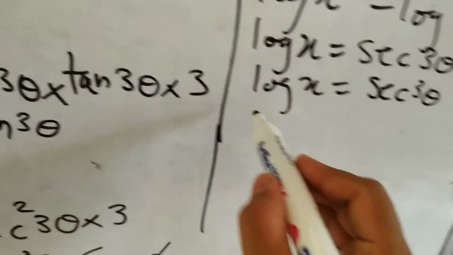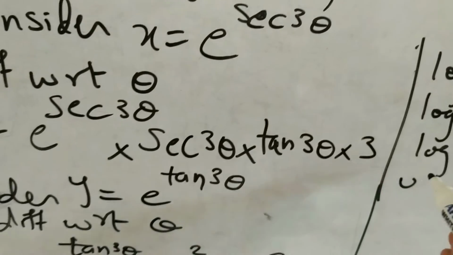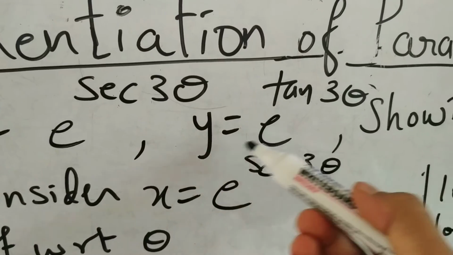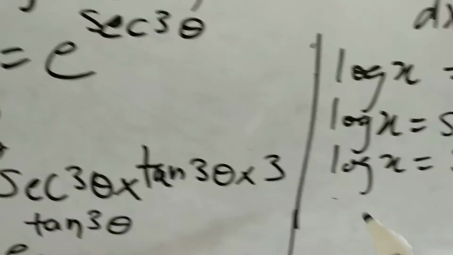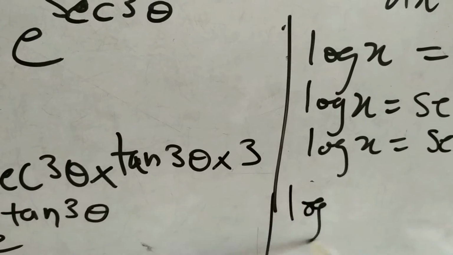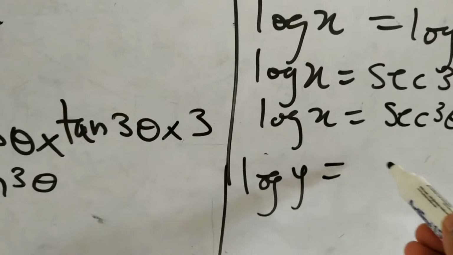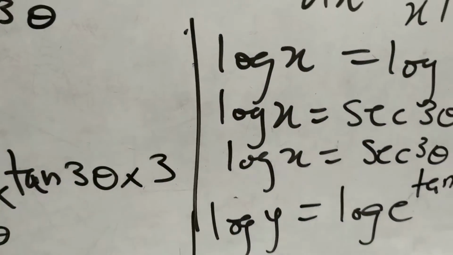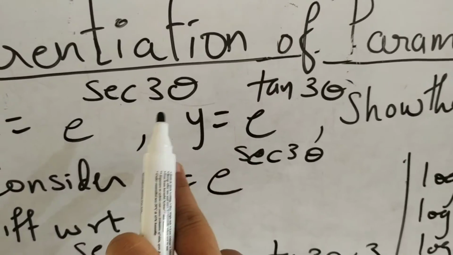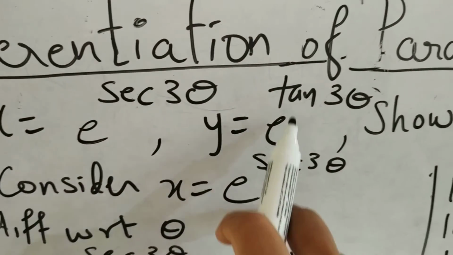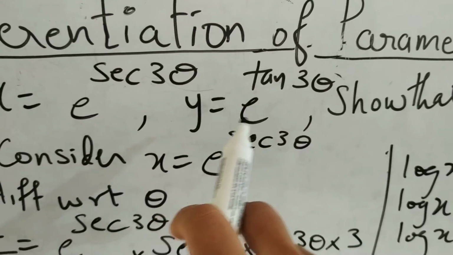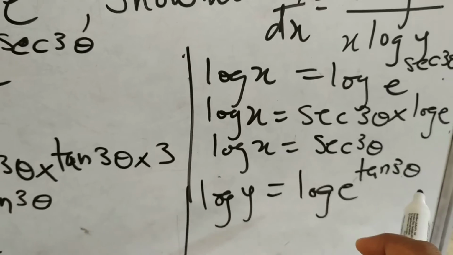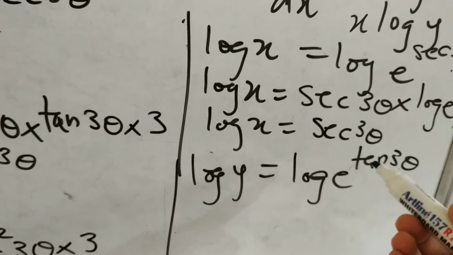In the same way, from the other function y equals e raised to tan 3 theta, let us apply log on both sides. So we get log y equals log e raised to tan 3 theta. Again applying the log a raised to b formula, b comes down.